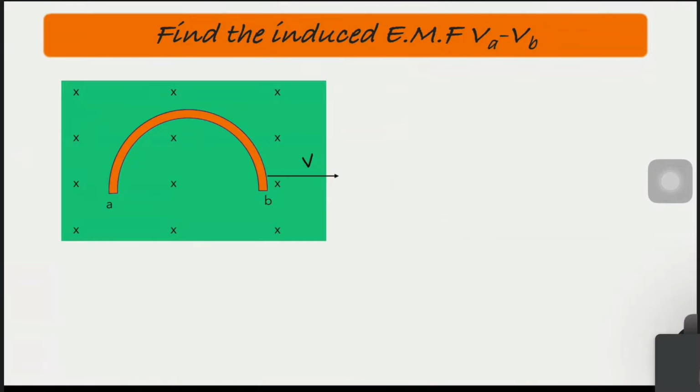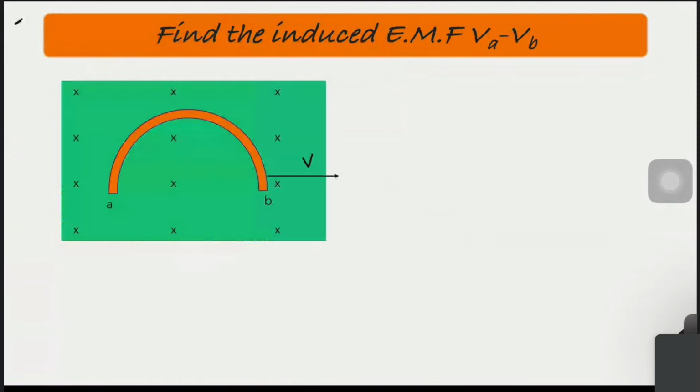Tell me what would be the induced EMF. The same semicircular rod of radius R is moving to the right with velocity v. So this will be VBR.